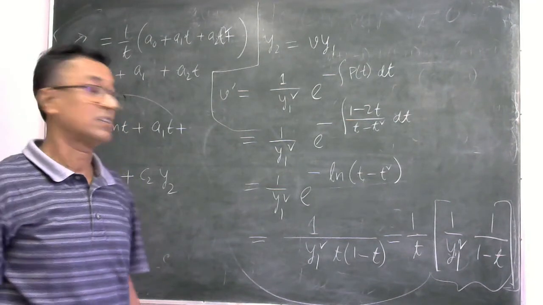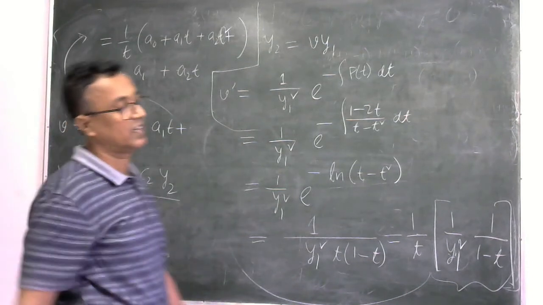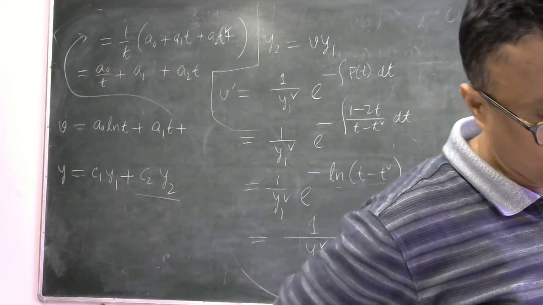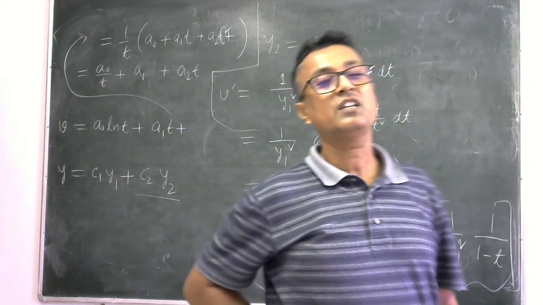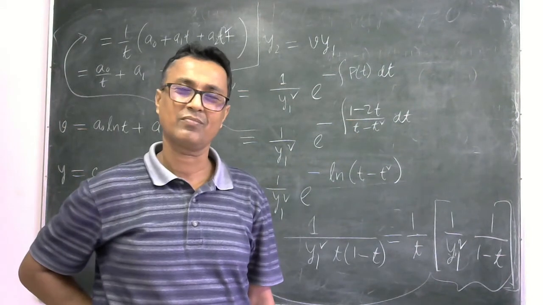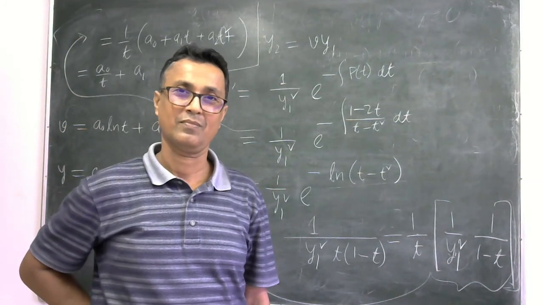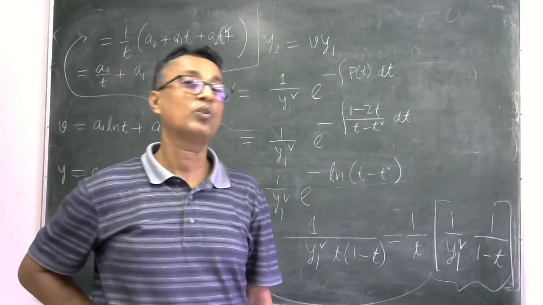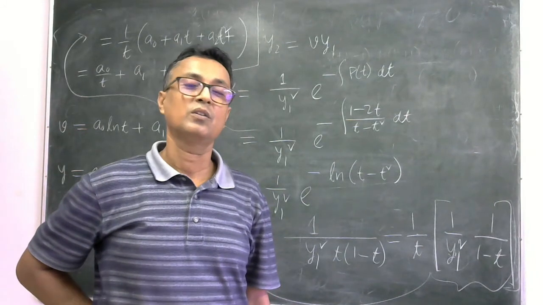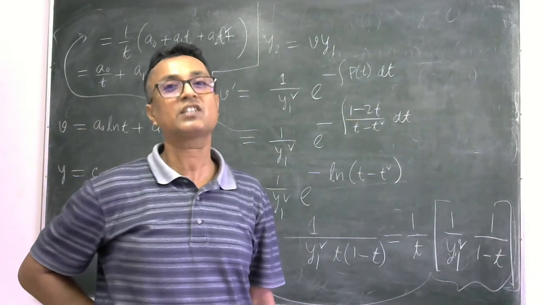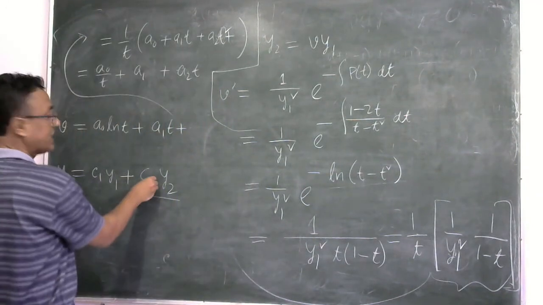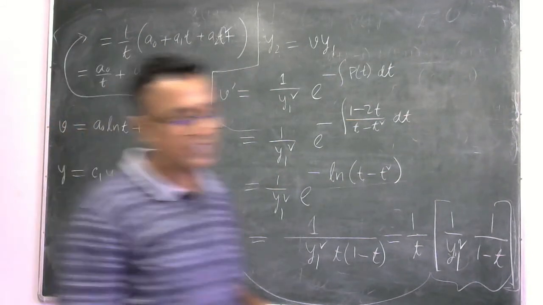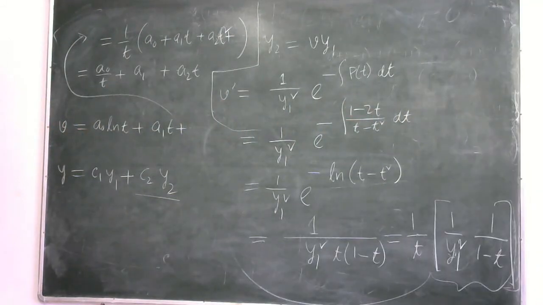The only thing is that whenever you are going to consider a series about t equal to 0, that means t equal to 0 corresponds to x equal to 1. So if you want a solution which is bounded near x equal to 1, then you must plug in c2 equal to 0. Okay, so I think I am going to stop here.